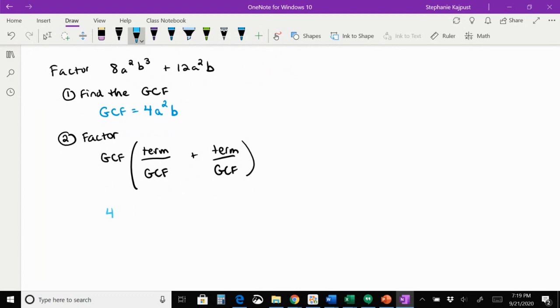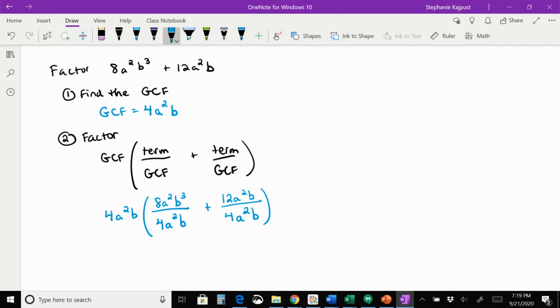So our greatest common factor is 4a squared b. My first term is 8a squared b cubed, so I divide that by 4a squared b. And my second term is 12a squared b, and we divide that by 4a squared b.